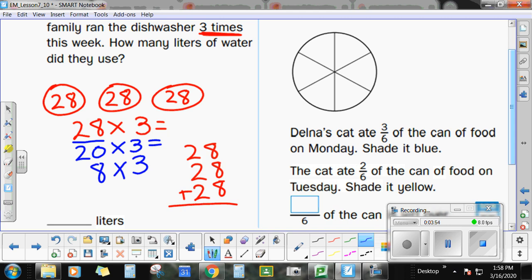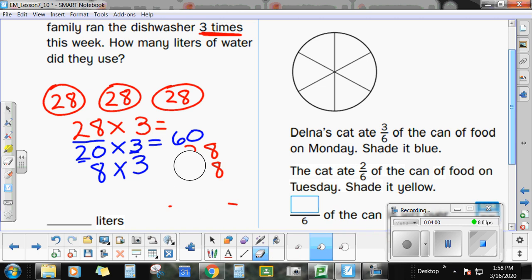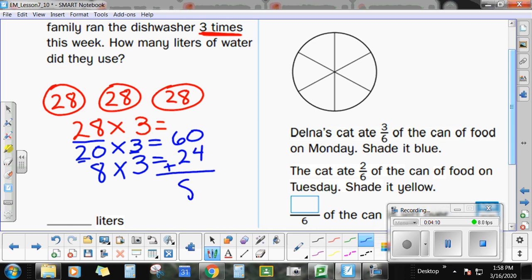For 20 times 3, we can do 2 times 3 is 6. When I multiply by 10, put a 0 on the end. So my 20 times 3 is 60. And then when I do my 8 times 3, I have 24. And then when I put those pieces together, my answer should be 84. So 84 liters of water.